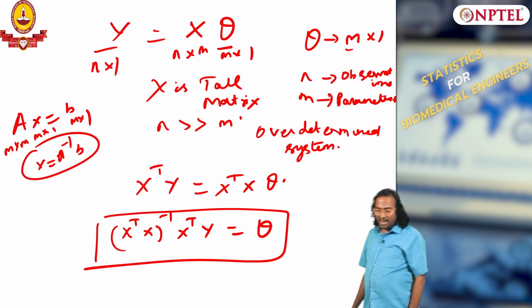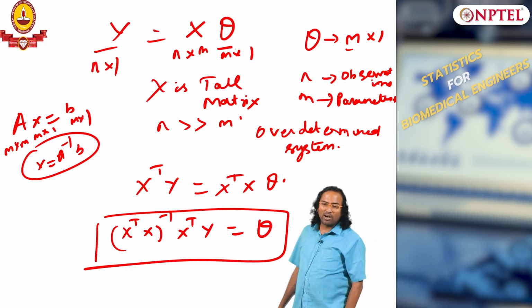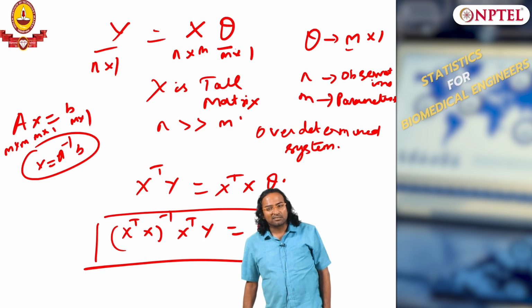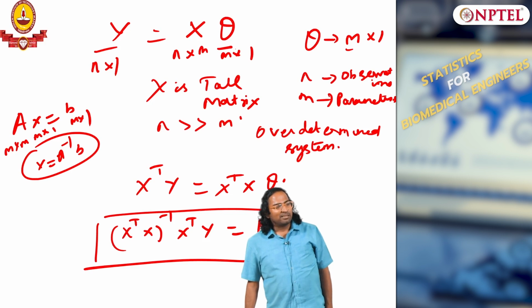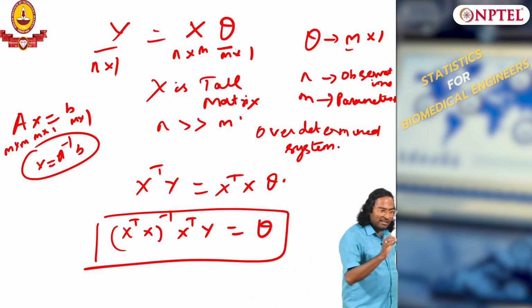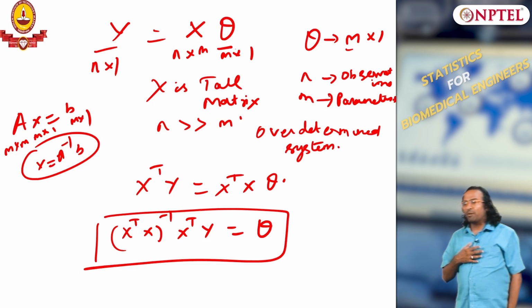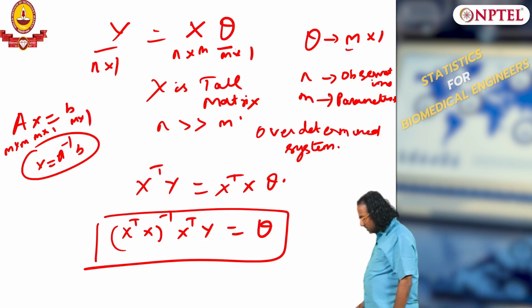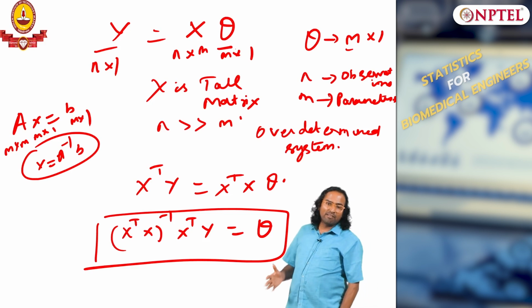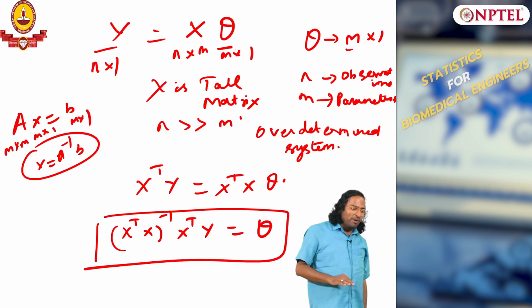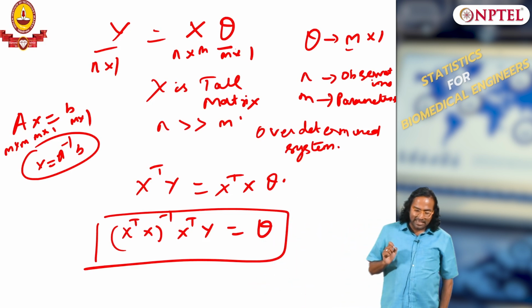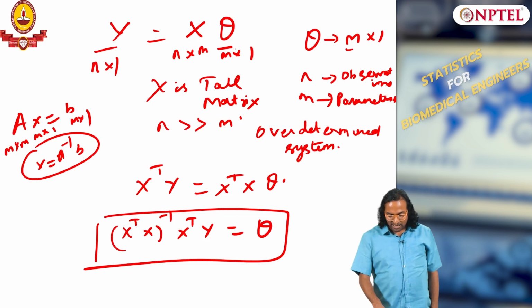And X is n cross m. What is the maximum rank of this matrix X? M, because n is much greater than m. So the number of independent columns is at most m. Assuming this matrix has rank m, X transpose X is invertible.